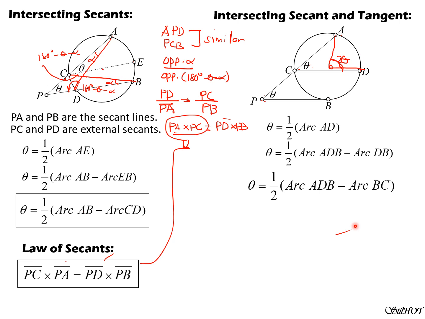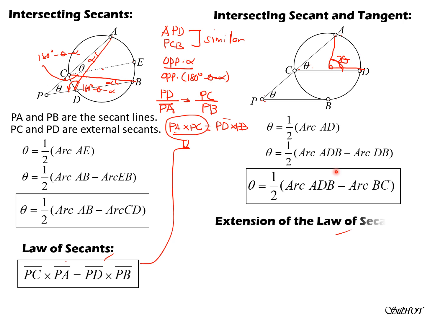So that's the measure of theta. Then we have the extension of the law of secants, which is PC times PA equals PB times PB.